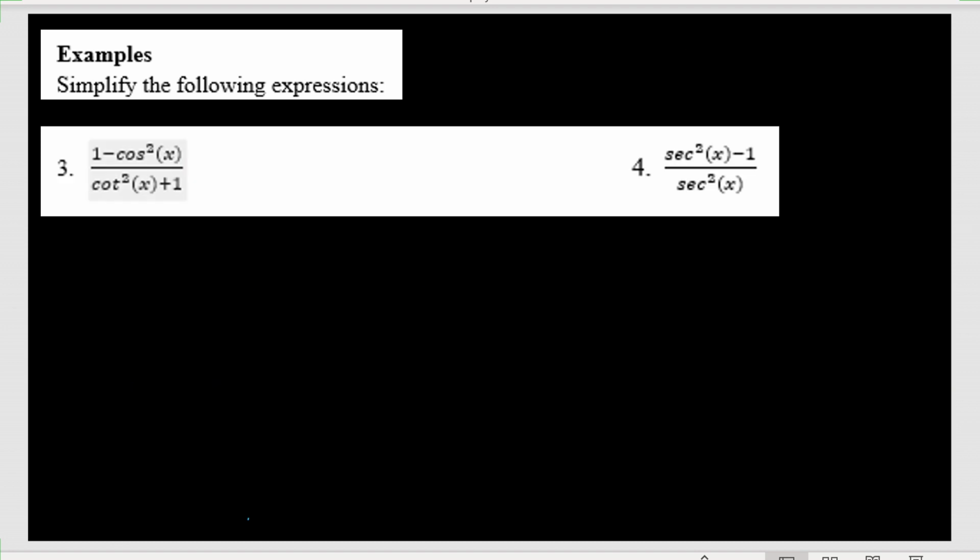Here we go. Number 3, 1 minus cosine squared of x divided by cotangent squared of x plus 1. Okay, again, sine squared of x plus cosine squared of x equals 1. So if I subtract the cosine squared term, 1 minus cosine squared is equal to sine squared.